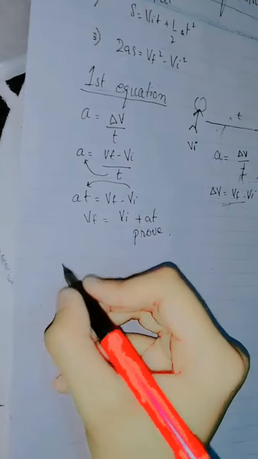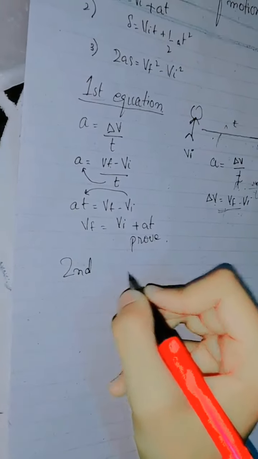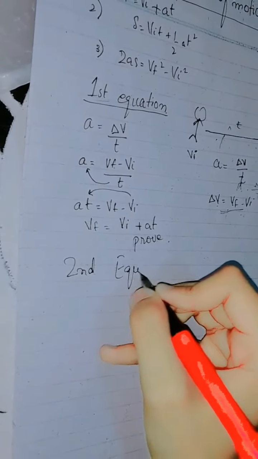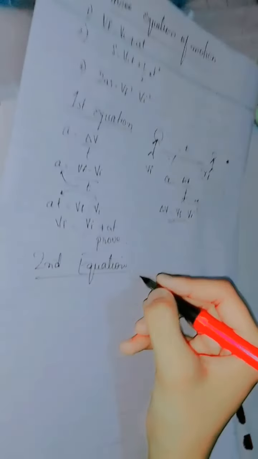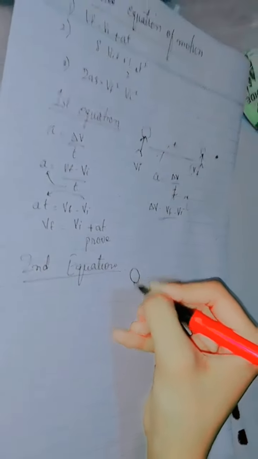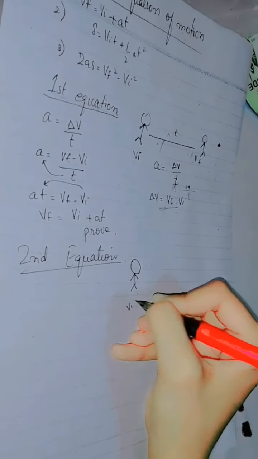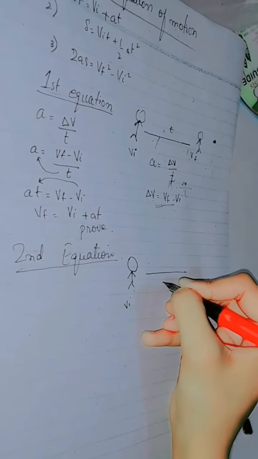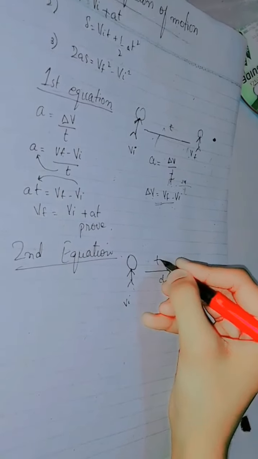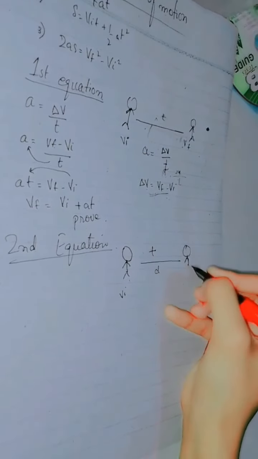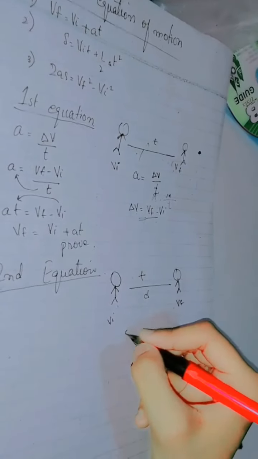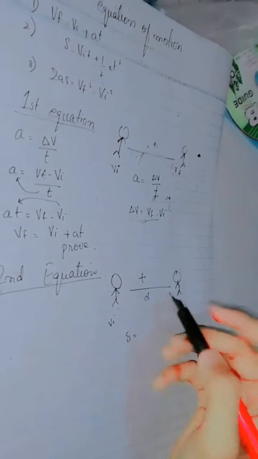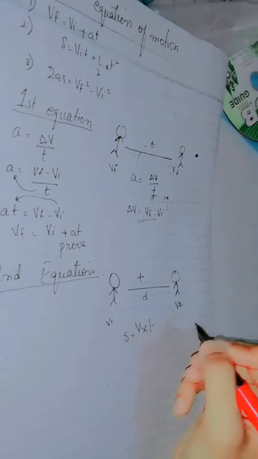Now we'll move to the second equation, that is S is equal to Vit plus 1 upon 2 At square. In the second equation, a person started from initial velocity, covered the distance, consumed time, and reached final velocity. So distance involves velocity as well as time.